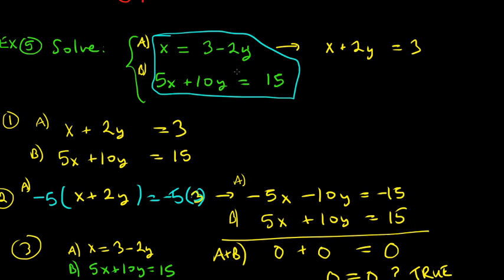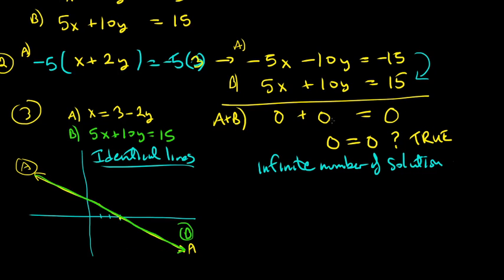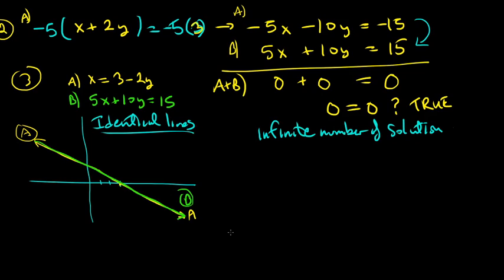Notice what happens: if all I did was multiply the first equation by 5 on both sides, I end up with equation B. So yes, we multiplied by -5 to cancel the x's and y's, but it's the same equation. You can just multiply the first equation by 5, get the second equation, and so they are identical lines.